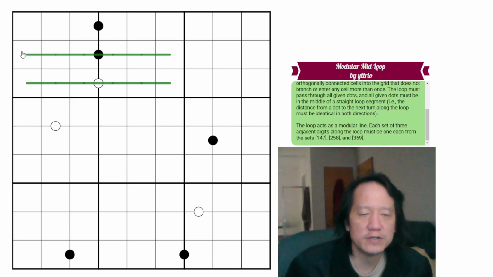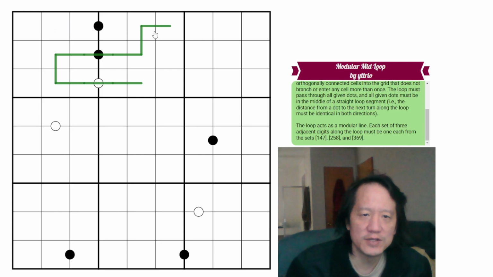The problem is this would then have to either go, one of these would at least have to go up, right? Which means it would have to connect with the loop here, which would mean this is also the same length. So that doesn't work, right? If these are the same length, you have a similar problem, right? You cannot have both going down because that would form a loop, but that doesn't go through all the cells. So you would have to go up, which means that would have to connect this way.